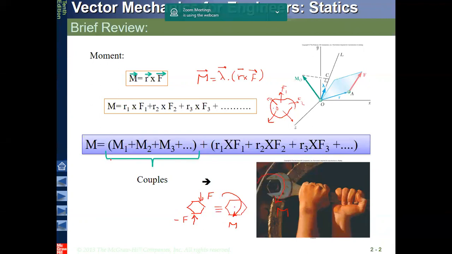So that's why we extend our definition of total moment to this formula here, in which we simply add the couples and the moments of the forces about given point. So I'll go into more detail.